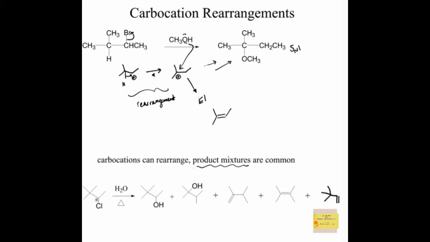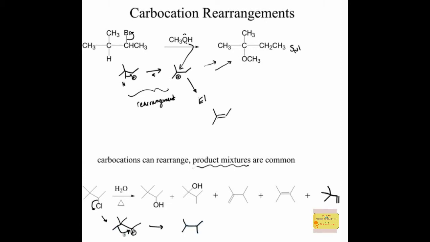And this is another example where our initial secondary carbocation can reorganize itself to become a tertiary carbocation. In this case, it's by rearrangement of one of these methyl groups, a shift of a methyl group.